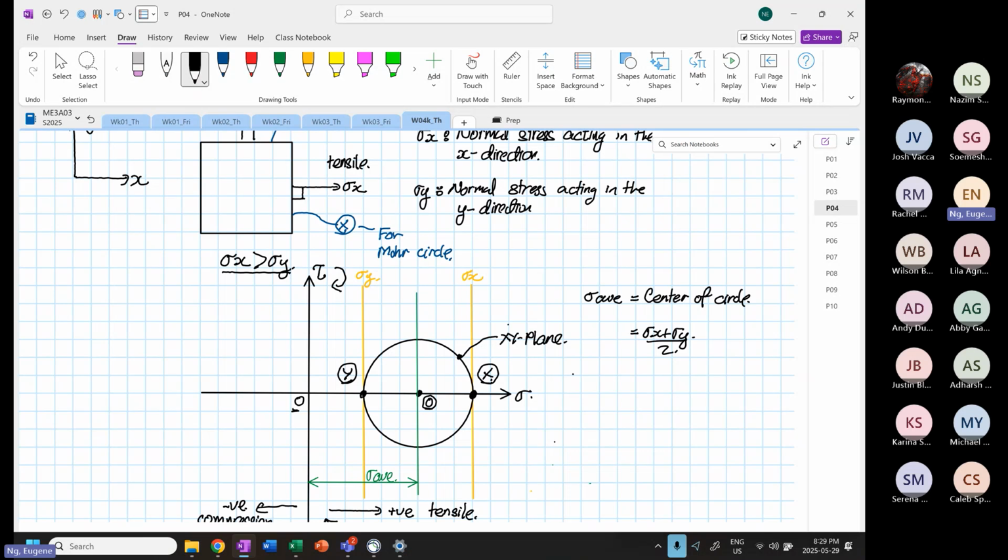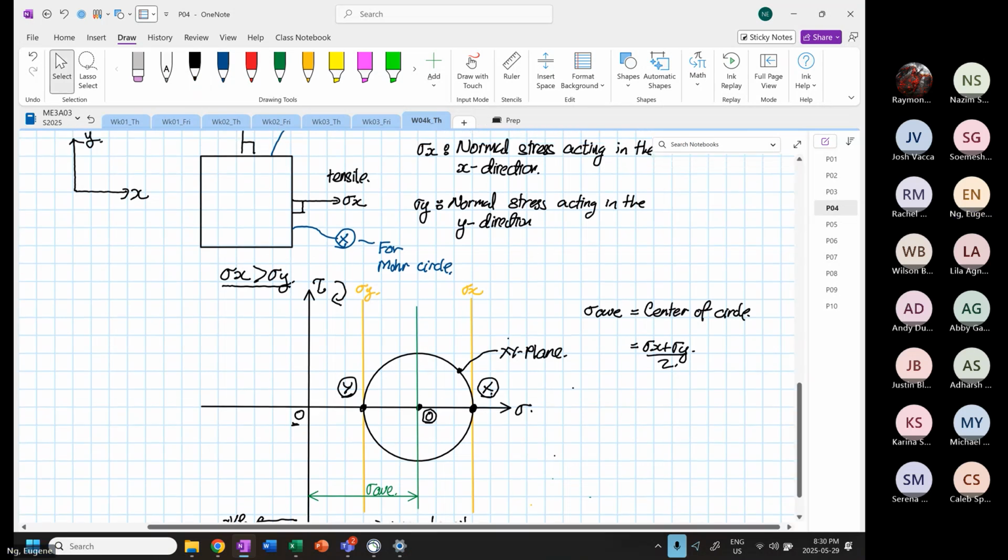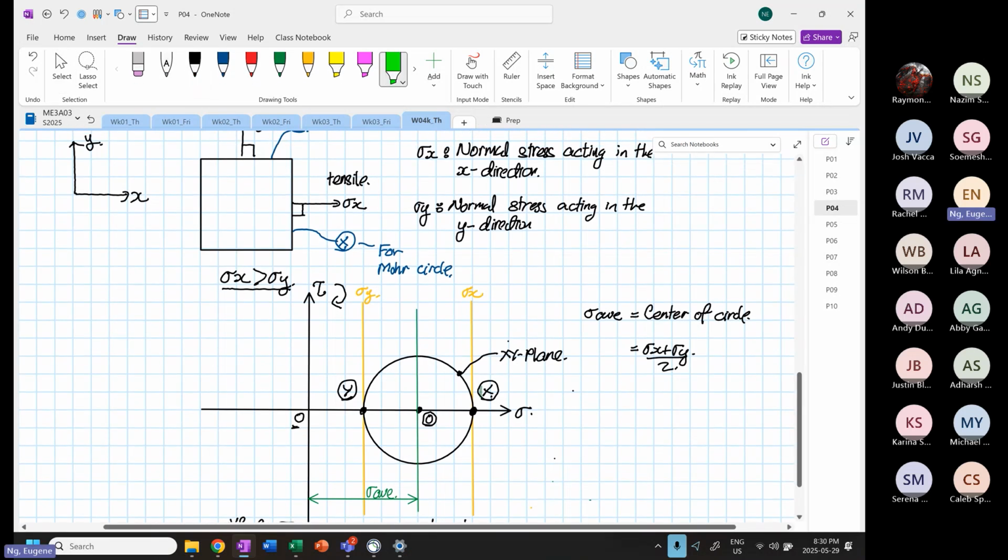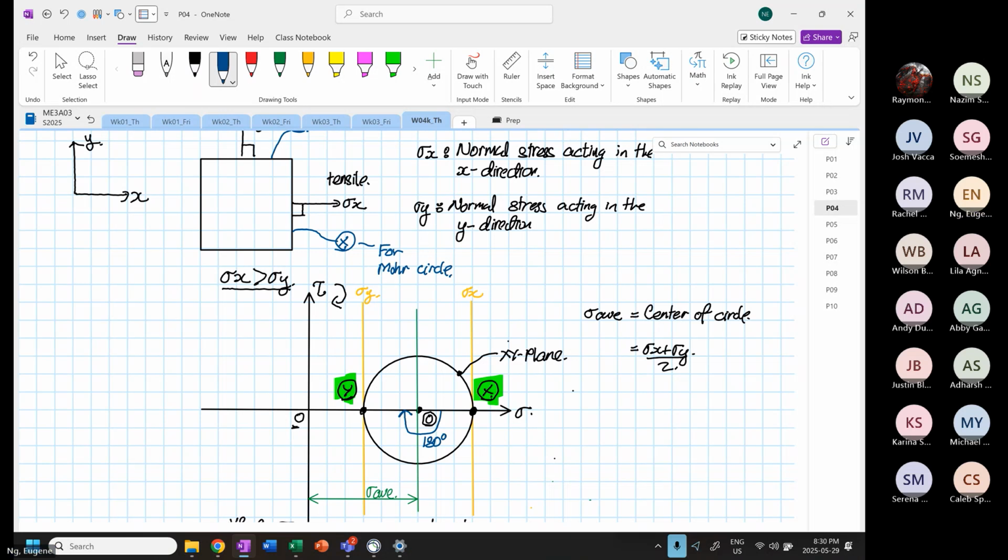Now, I want you to look at something. Okay. I want you to now focus at X, Y. Okay. So the angle, right, from point X to point Y, okay, so from point X to point Y, this angle is equal to 180 degrees from point X to point Y. Okay.